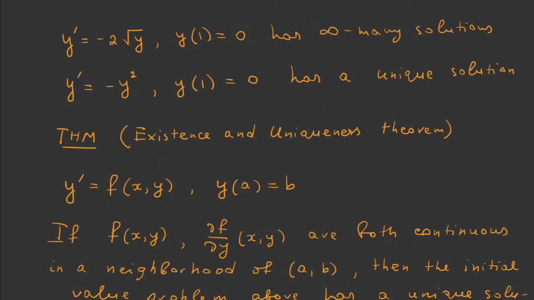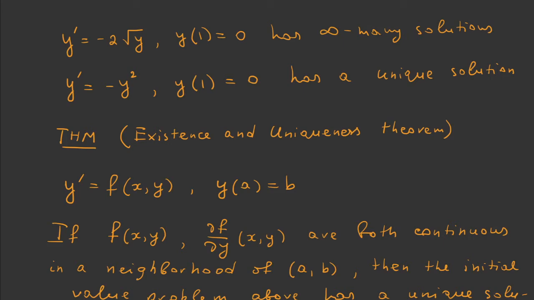To summarize, the initial value problem y prime equals negative 2 square root of y, together with the initial condition y at x equals 1 equals 0, has infinitely many solutions, while a similar looking initial value problem, y prime equals negative y squared, together with the same initial condition, has a unique solution.